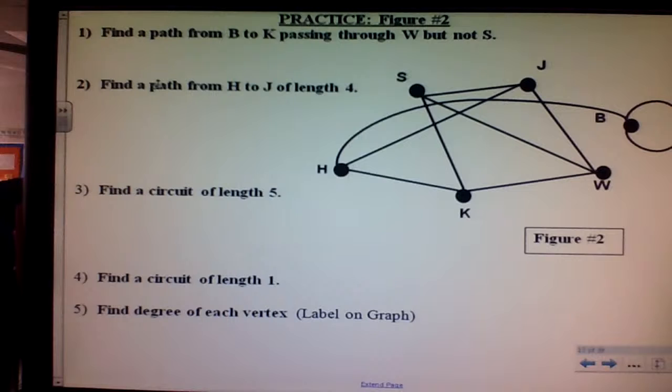Yes, do all of them. They want the vertex at every point. Okay. The degree of each vertex, wait a minute. So we can find any one degree?